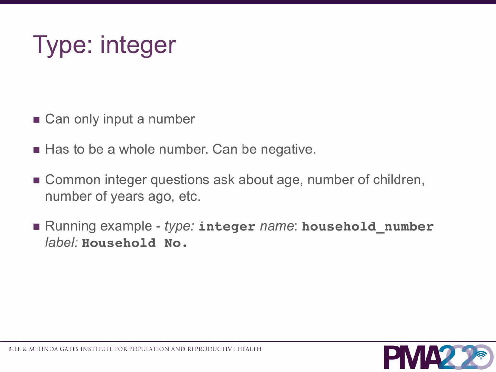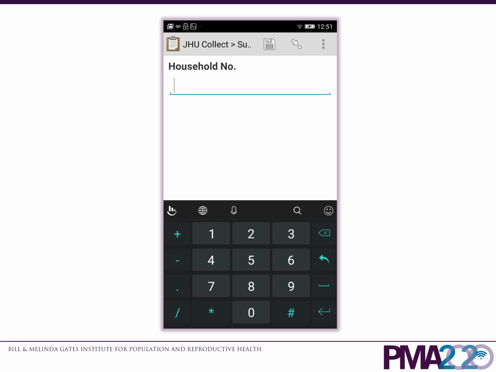So you see here, most questions only use type, name, and label. Here's an example of what an integer question would look like on a tablet. As you can see, the keypad only provides numeric options for entry.